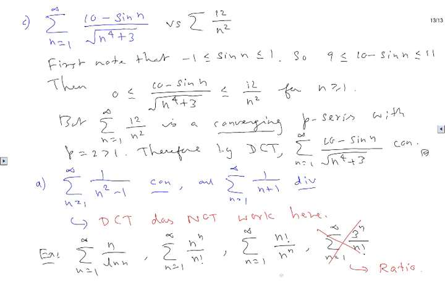And when you see factorial, we normally go with the ratio test. So you can try those two using the ratio test, but the first one you can do using direct comparison. Both of them you can use the ratio test, but you can also use the direct comparison test for some of them. Okay, so this is the end of the direct comparison test.